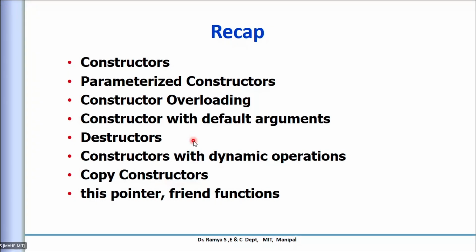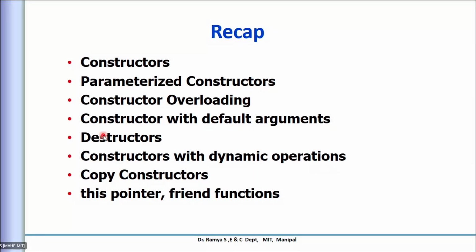We also touched upon the destructor. It is basically for releasing memory. When you have complex programming, you want to release memory that is no longer required, and this is facilitated by the destructor. How is the naming different from the constructor? The destructor also has the same name as the class, but it starts with a tilde, that wavy symbol.